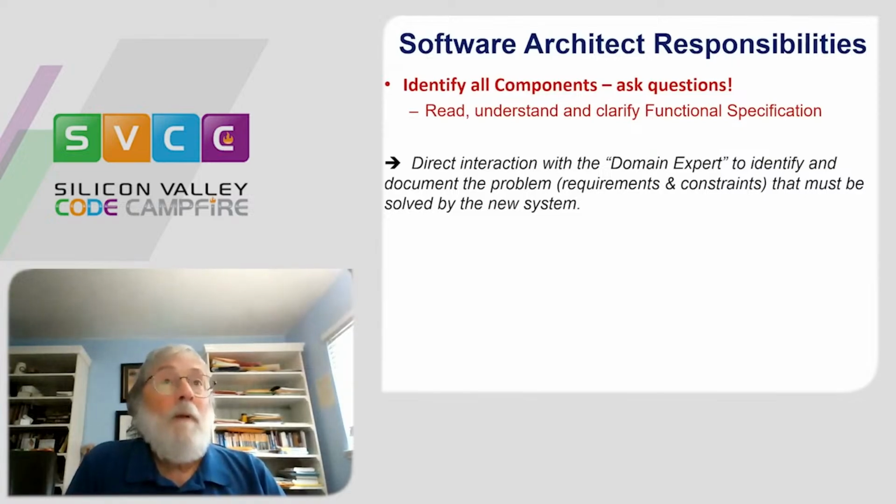The first step that the software architect does is identify all the components, ask questions, take the functional specification, and try to make it into something that you can implement. This involves talking directly to the domain expert to identify and document the issues that are going to be relevant to that application.